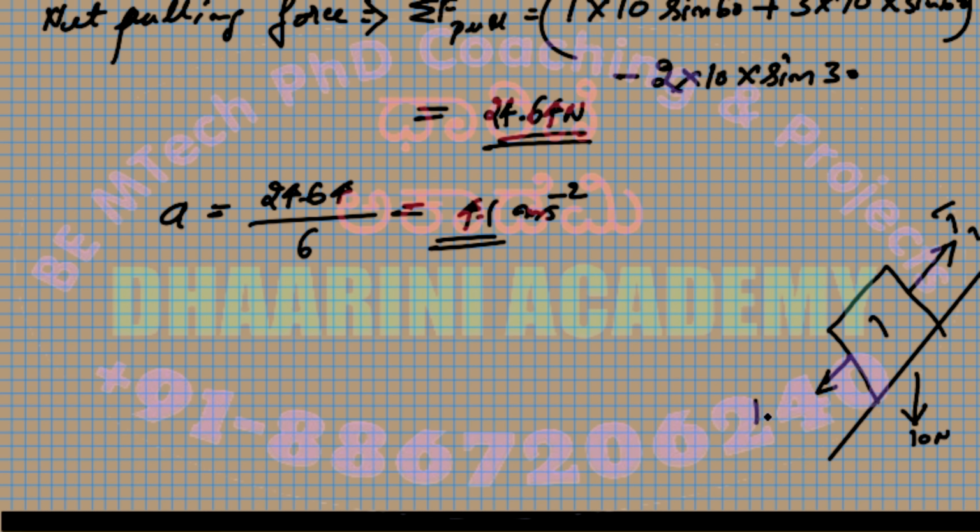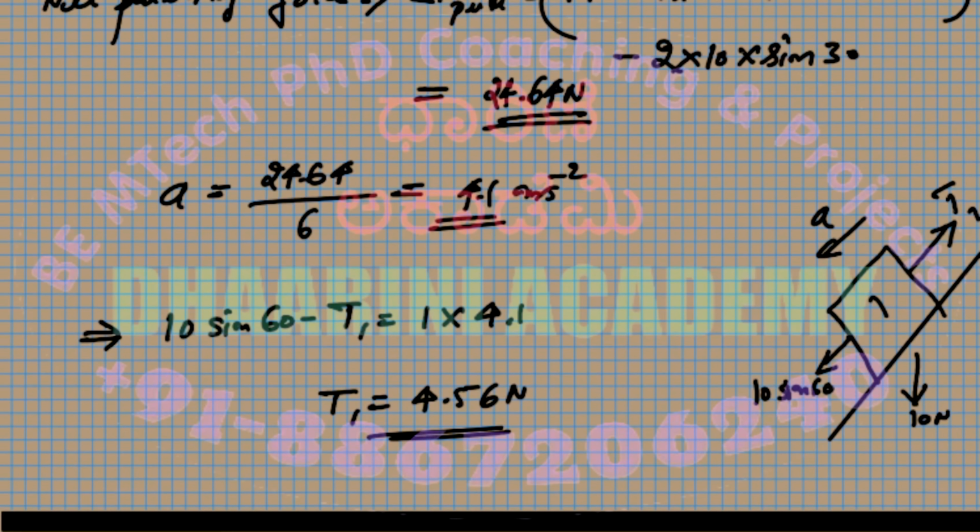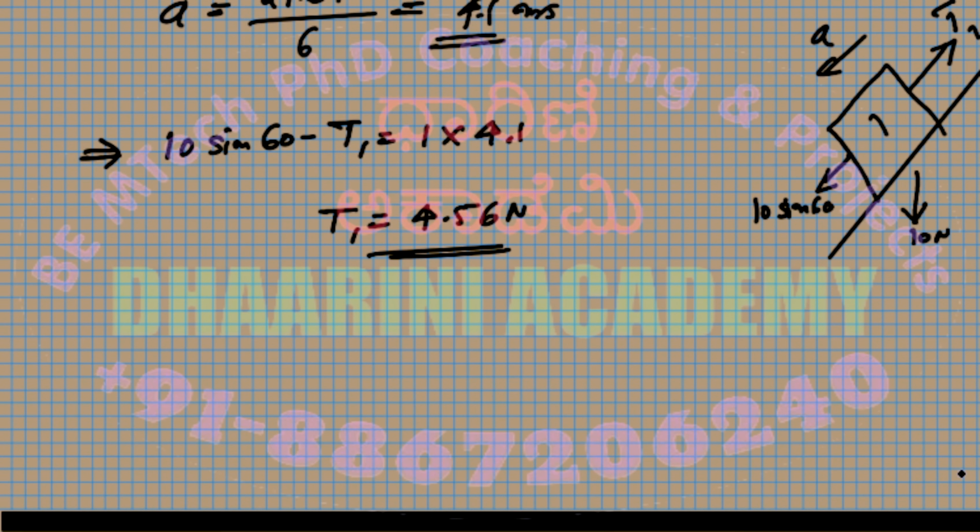So this becomes 10 sine 60, and the acceleration is like this, right? So we can write an equation. This means m g, that is 10 sine 60 minus T1 is equal to mass, that is 1, into the acceleration, which is 4.1. So which means T1 becomes equal to 4.56 newtons.